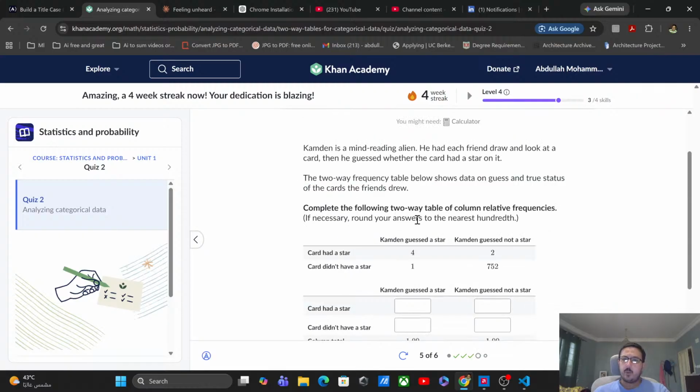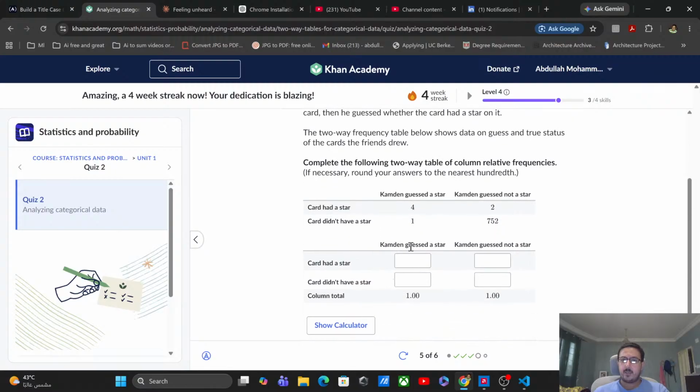Okay, complete the following two-way table of column relative frequencies. Card had star. 1, 1. So we need this to be 1.